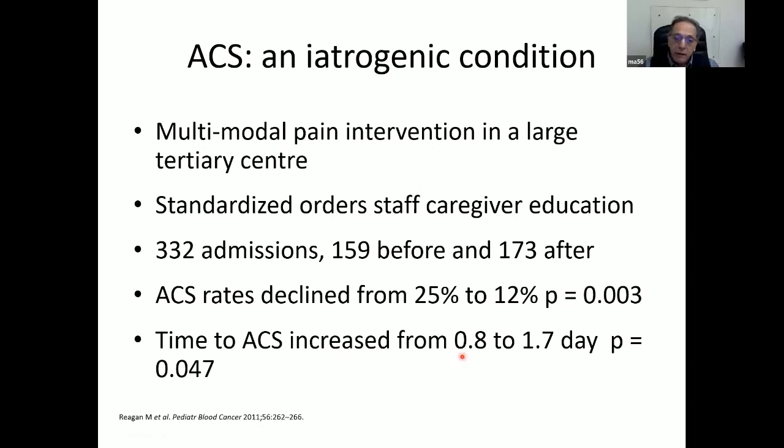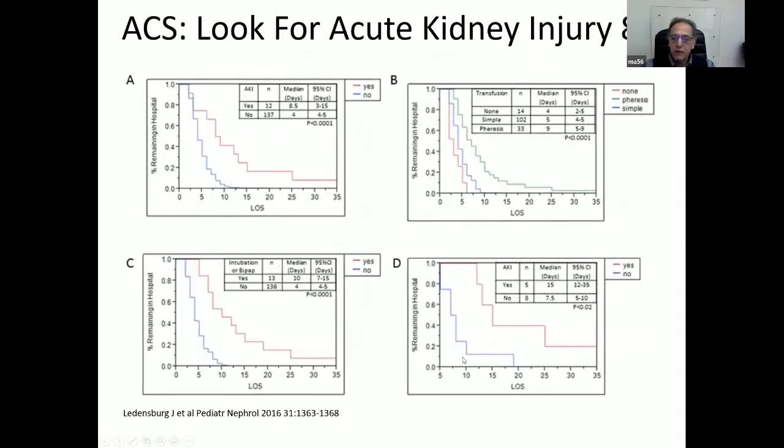So again, if there is a multimodal approach with a pain team, nursing education, incentive spirometry, and so on, and decreasing fluid overload, medical staff education, you can decrease a significant complication like acute chest syndrome.